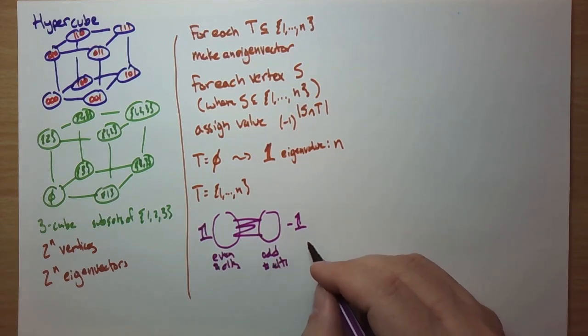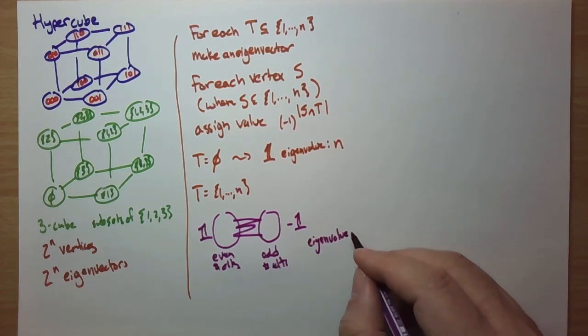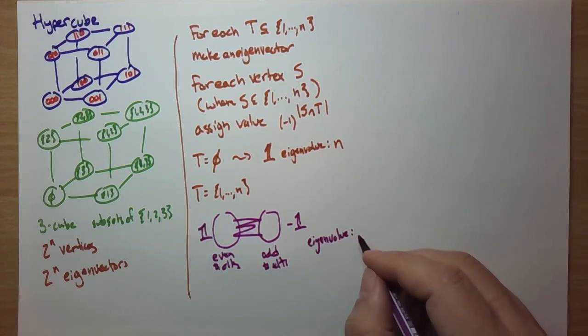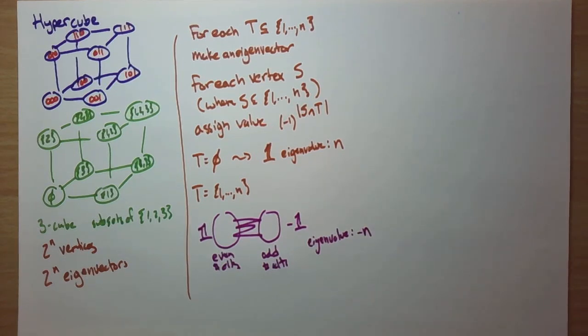And this corresponds to the eigenvalue. Anyone able to do this quickly in their head? Negative n, because each vertex is adjacent to n other vertices.